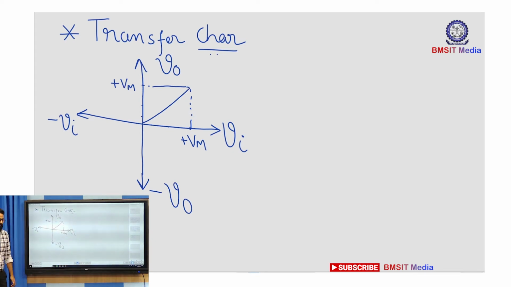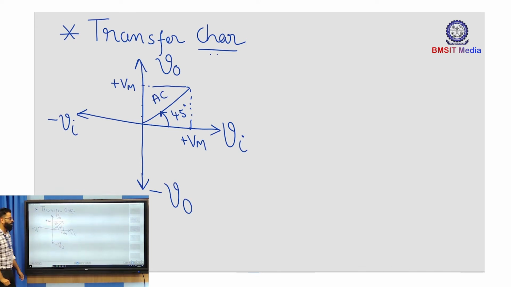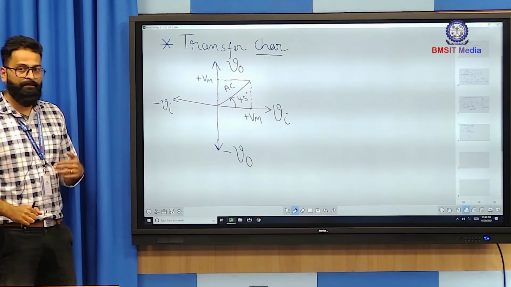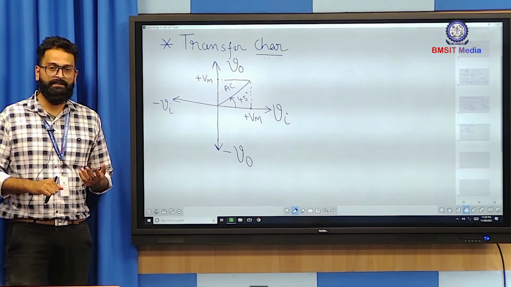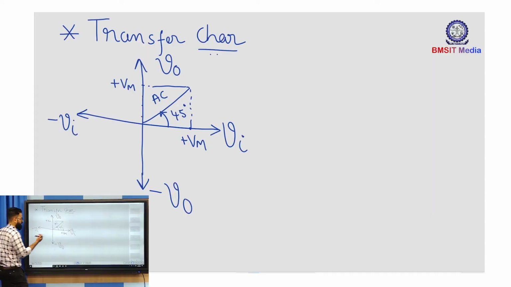So for an AC output, the transfer characteristic is basically a straight line inclined at an angle of 45 degrees. So this is for AC signal. Okay. On the other hand, in the input-output waveform, you had seen that for the negative half cycle of the input, the output was 0. That means to say, whatever may be the input value, at the max, the input can attain minus Vm in the negative direction.